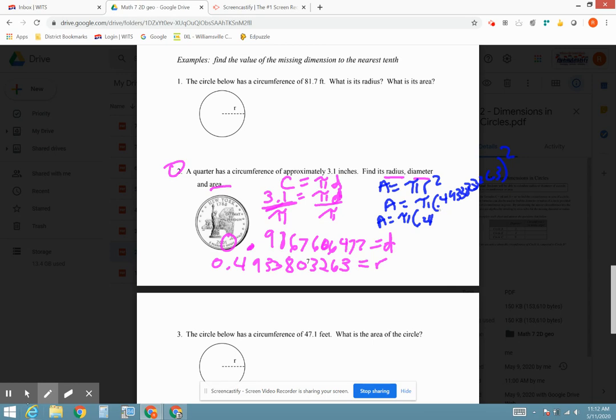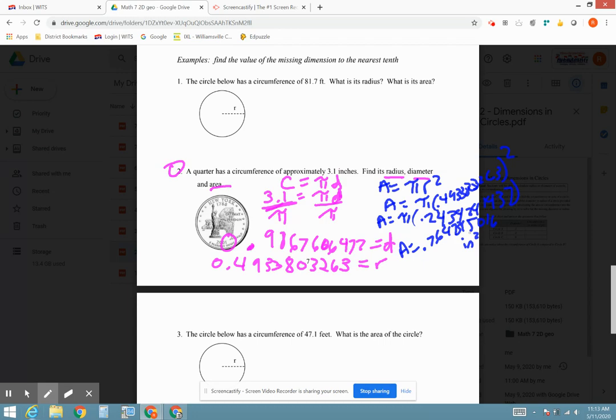Okay, so I get 0.24. You can't read that. 0.2434241437 times pi, and that gives me an area of 0.7647395016 inches squared.